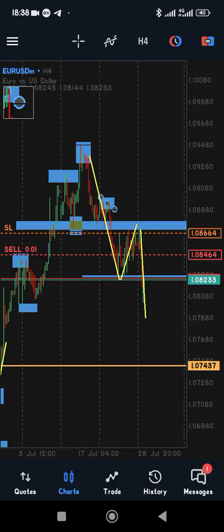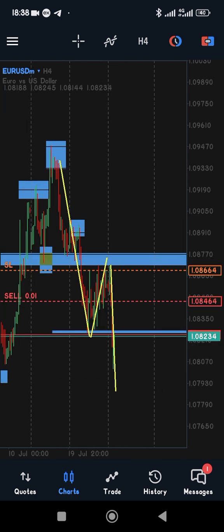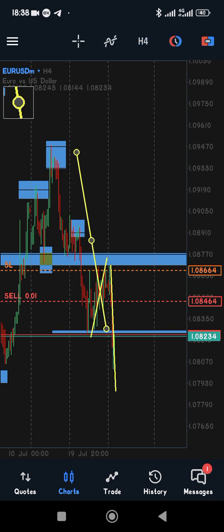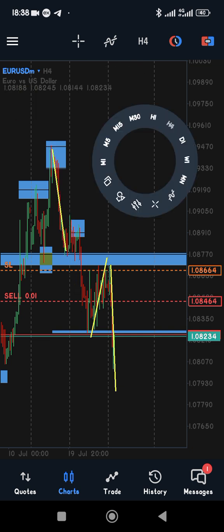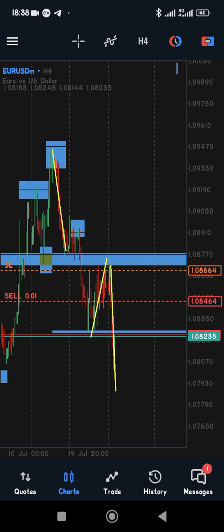Look at this area now. This is the last higher high that we have over here, and this is lower low over here. It may look small, but let me draw it very well. Look at this area. We'll go to 1 hour, it will be clearer.